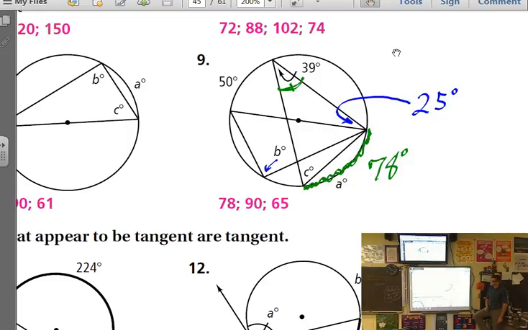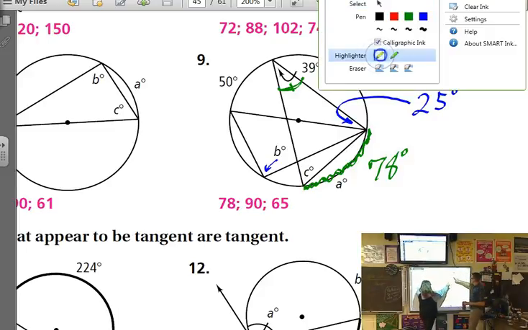Megan? Okay. So this whole half is 180 because this is the diameter, correct? So since this part is 50, this one's 130, and you can see that this leads out here. So this would be one half of the 130, or 65.